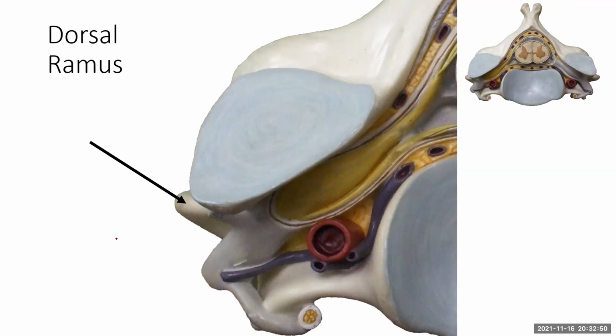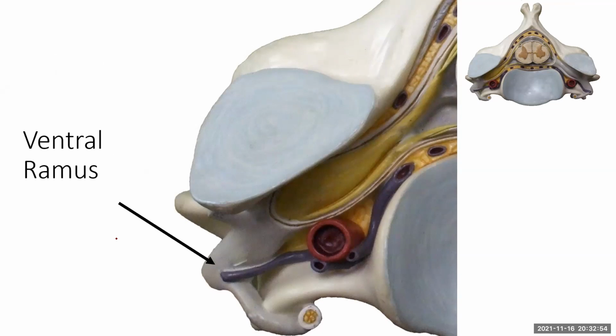That's the dorsal ramus. Then the spinal nerve continues on, and it's known as the ventral ramus or the anterior ramus. And we just got done talking earlier in lab class about all those anterior rami and what they do and what they give rise to. So that's the ventral or anterior ramus.